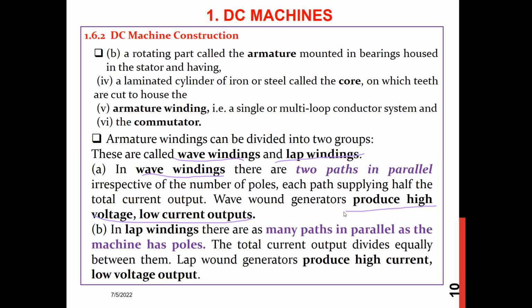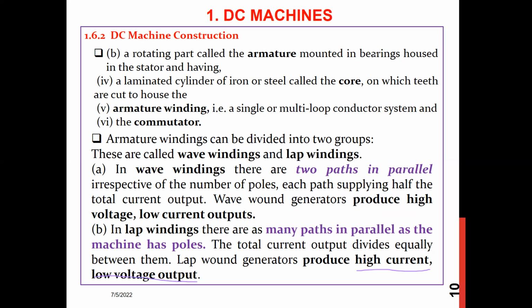In lap windings, there are as many parts as the machine has poles, so the total current output divides equally between them. Lap wound generators produce a high current and low voltage.